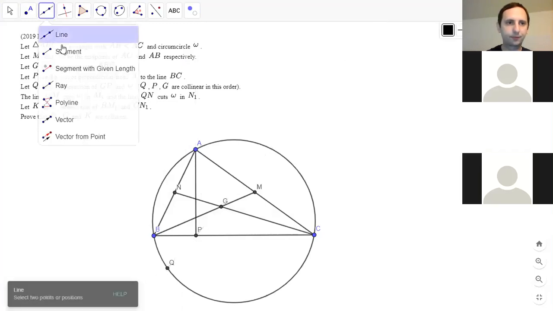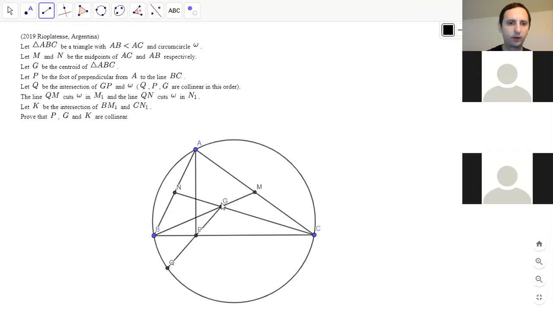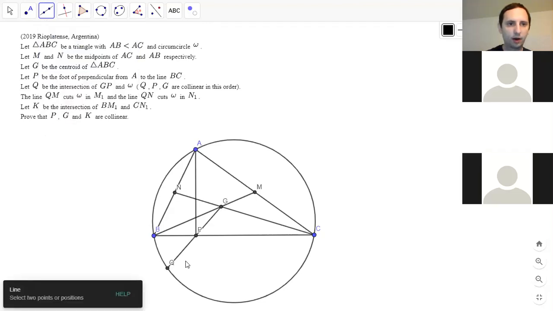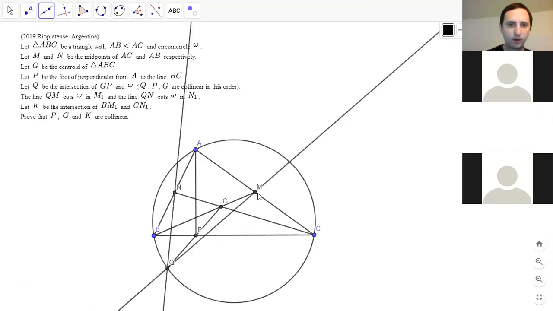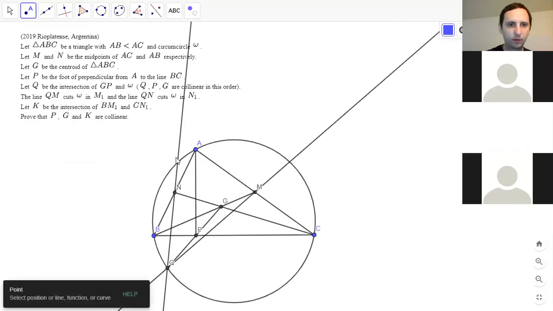All right, so QM intersects this. So we want to see where QM and QN intersect the circle. M1 and N1. Okay.